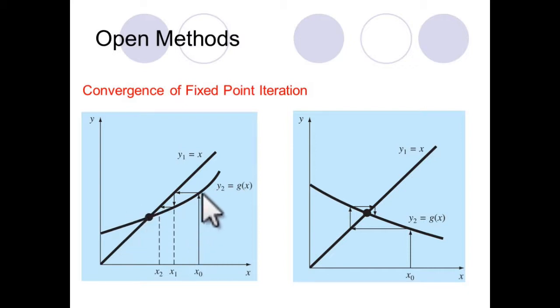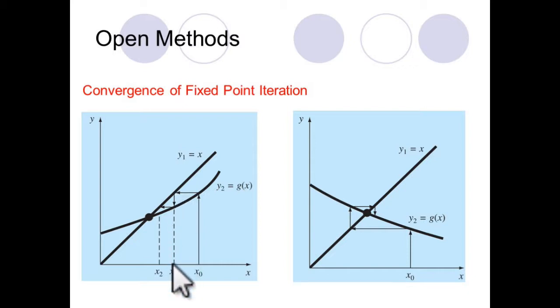Now let's see here. Now this is convergent. You see, we begin from x0. We first evaluate the function g at that point. This is y2, so y2 is equal to y1, right? And then it gives us the x value.